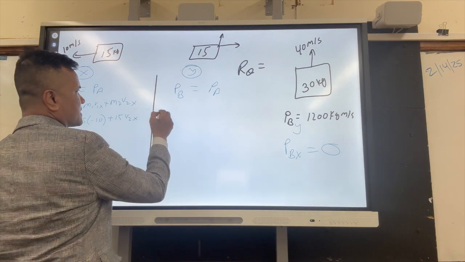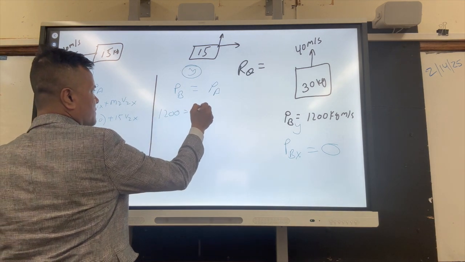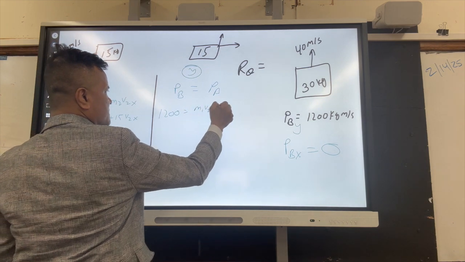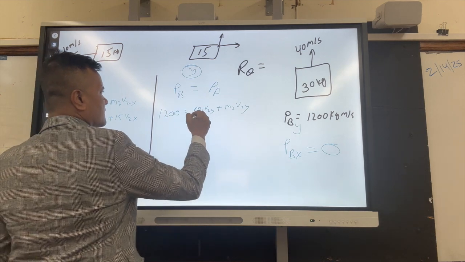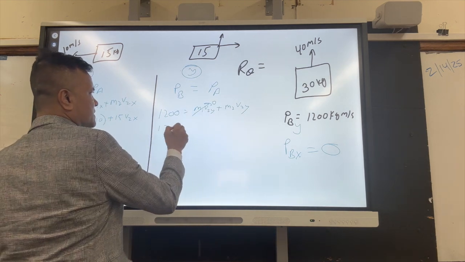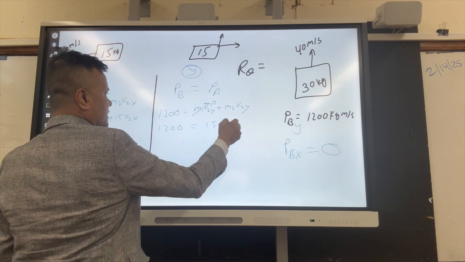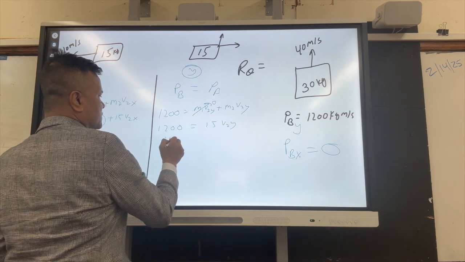In the y direction, momentum before is 1200, equal to m1 v1y plus m2 v2y. This is 0, so 1200 equals 15 v2y. So v2y is 80.